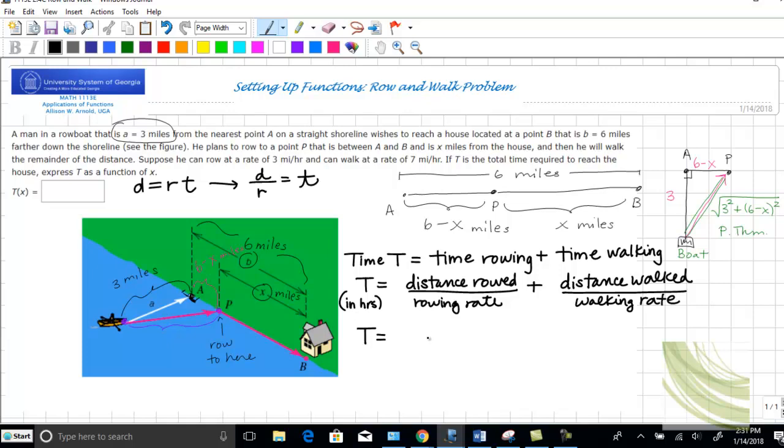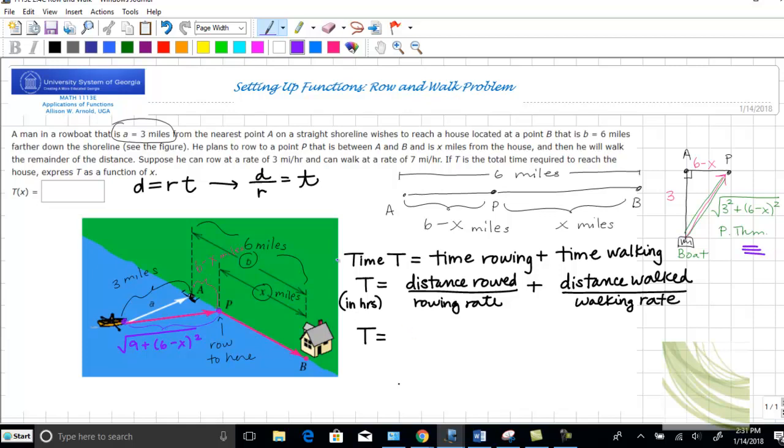Okay, so when I say the distance rowed, that's this guy right here, this hypotenuse, which we determined was the square root of 9 plus (6 minus x) squared, okay, from over here.